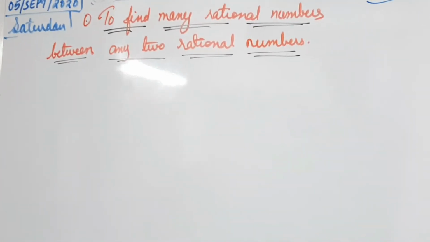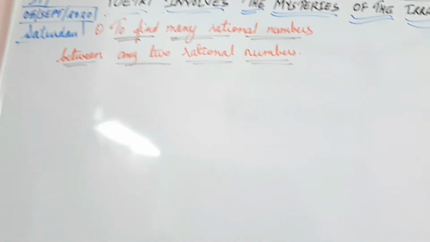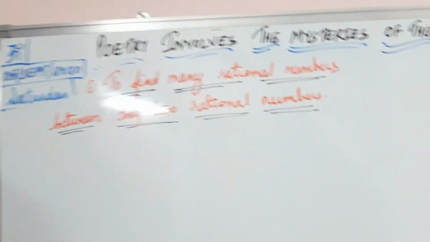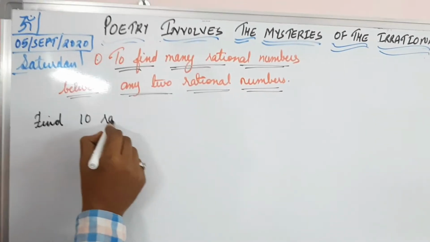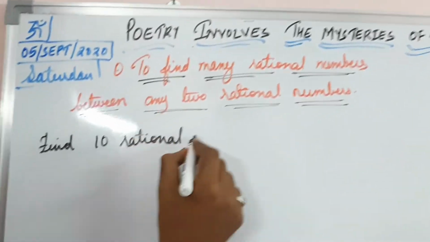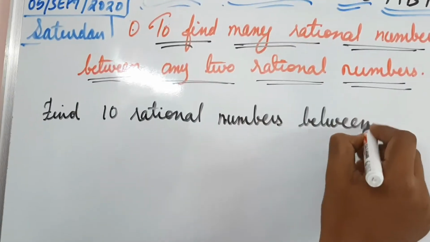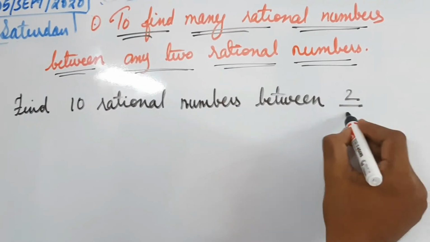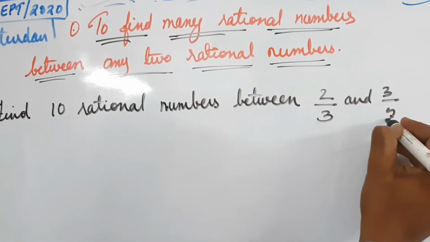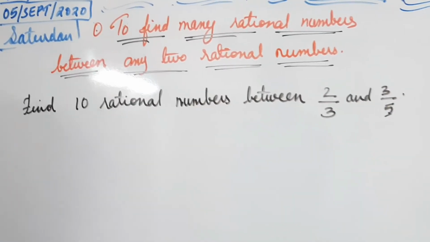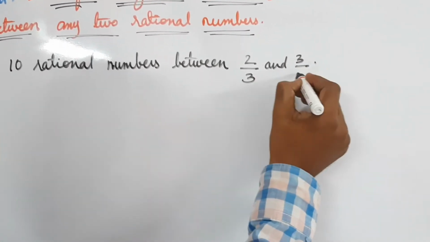If the question is given as: find 10 rational numbers between 2 by 3 and 3 by 5.